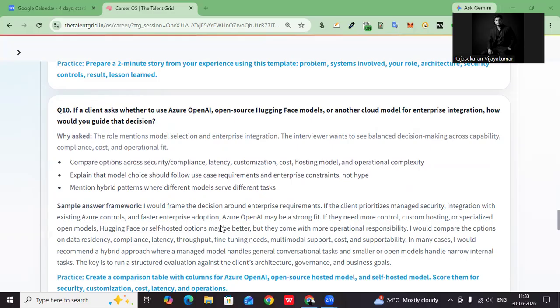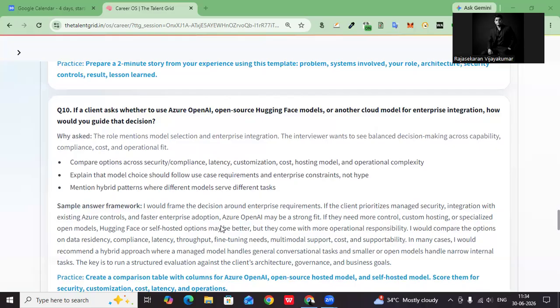Azure OpenAI is more tightly coupled and more focused on security and compliance. Additionally, as an architect, even if the client is focused on security and governance, I will also focus on scalability, accuracy, cost, reliability and deployment. These are key parameters I will add.